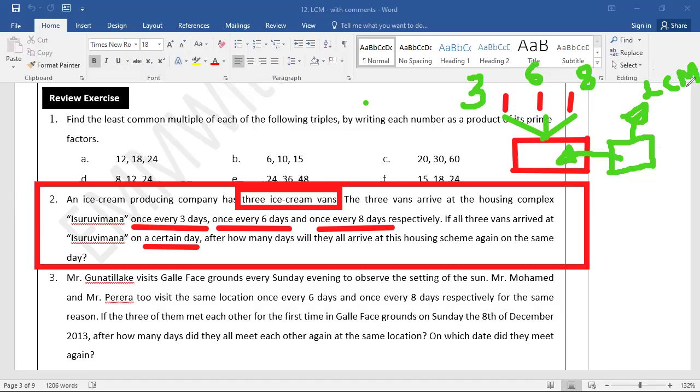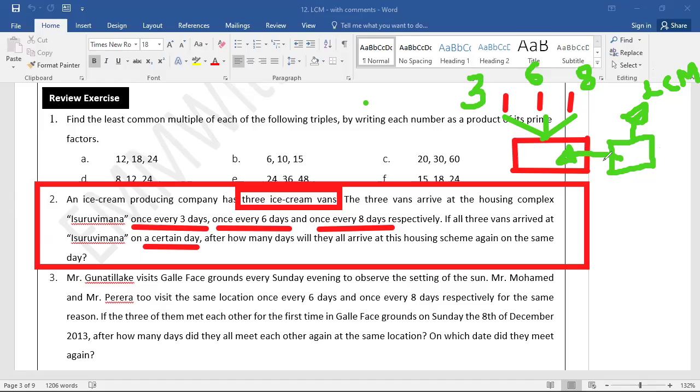No need to write this question once I gave you the tune. You have to write review exercise, second question, so that you can do this. You have to find the LCM of 3, 6, and 8.